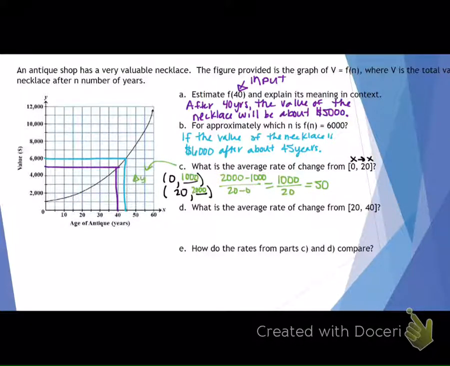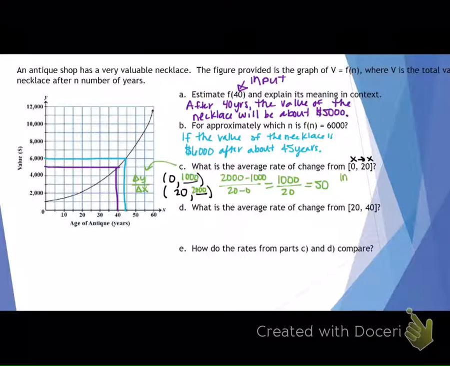For every one, isn't it for every y? So y is what? So it's 50. What's the unit on 50? It's y over x, so it's 50 per age. Okay, but it's not antiqueness.